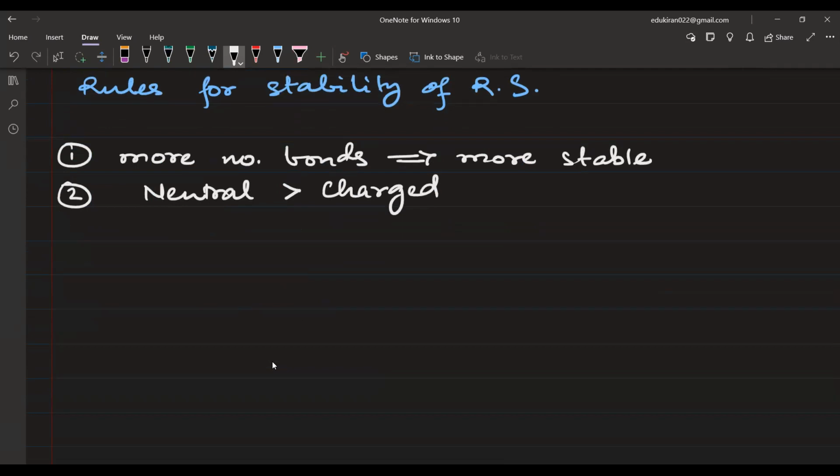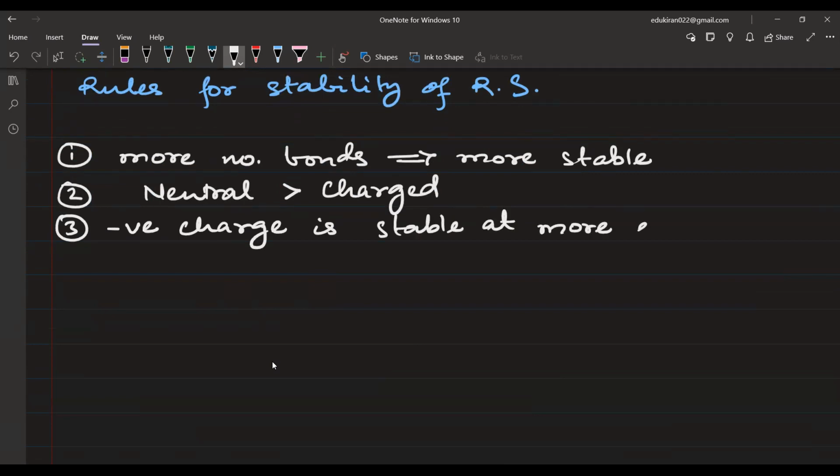Third, if you have a negative charge, the negative charge is stable on the more electronegative element. Negative charge should be on the more electronegative element. In the same way, where should the positive charge be? Positive charge should be on the less electronegative element.